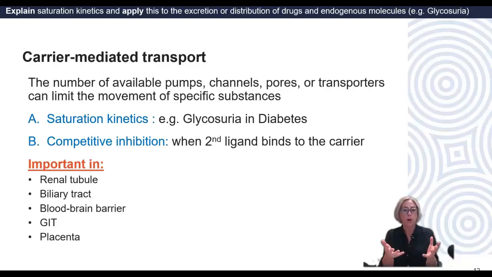The number of transporters doesn't change, so they reabsorb as much glucose as they can, but because we have this chronically high level of glucose, some of that glucose gets left behind in the filtrate and it enters parts of the renal tubules where there are no glucose transporters. And this is why it enters the urine and is permanently excreted from the body, and that is then diagnosed as uncontrolled diabetes through testing of that glucose in the urine.